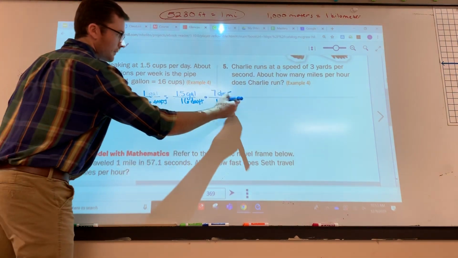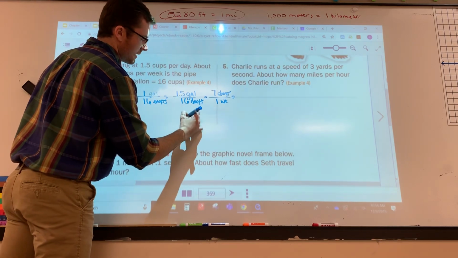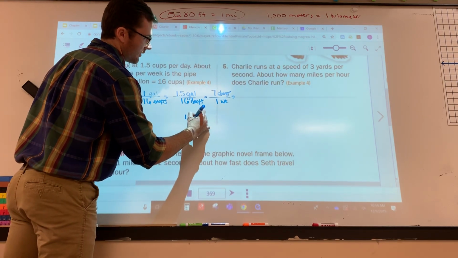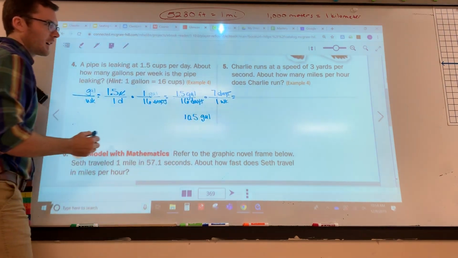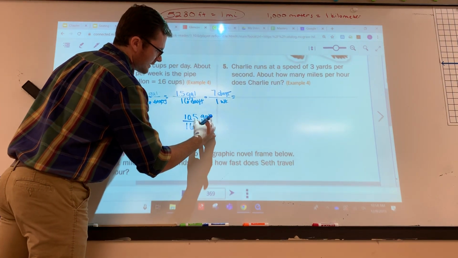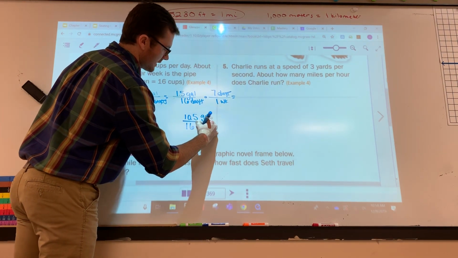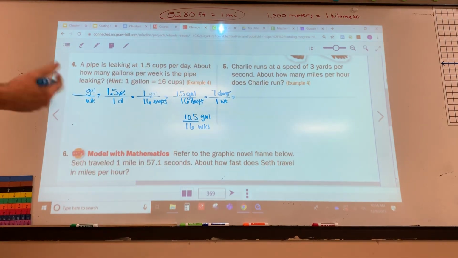So this will become, I'm gonna rewrite it over here, 10.5 gallons, because 1.5 times 7 is 10.5, divided by 16 weeks. Wow. So it's leaking 10.5 gallons every 16 weeks.